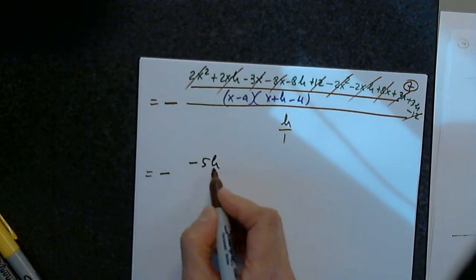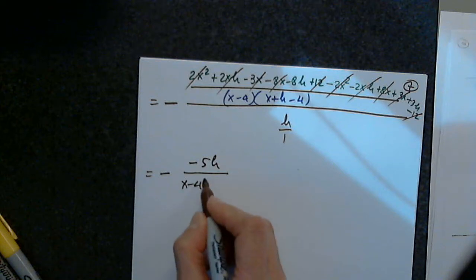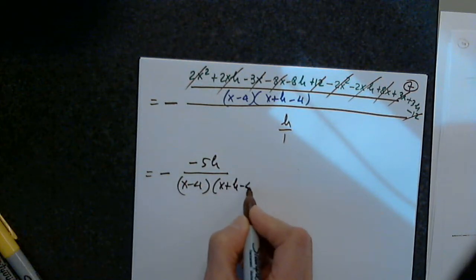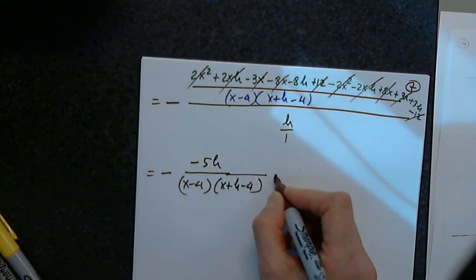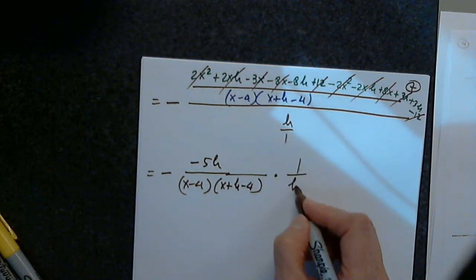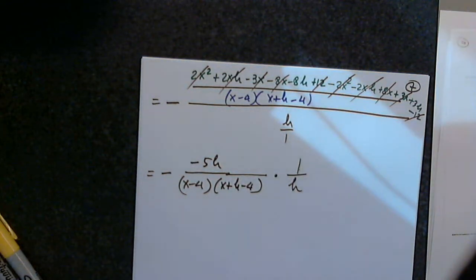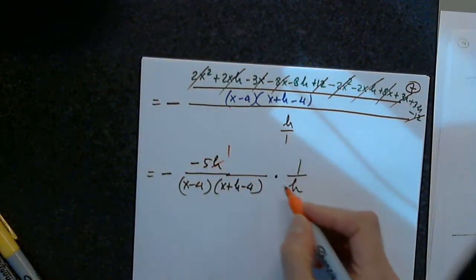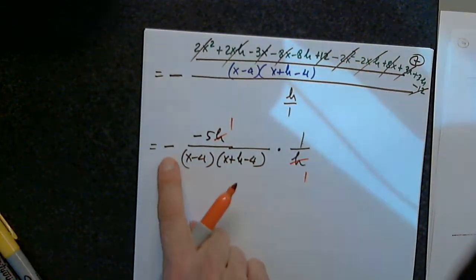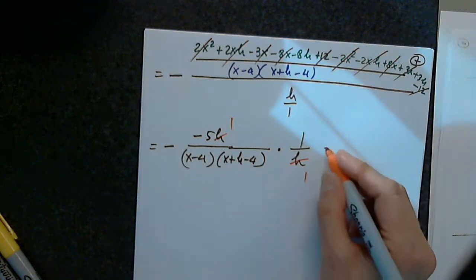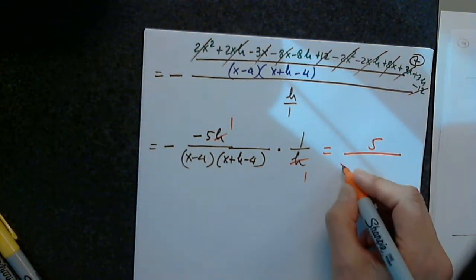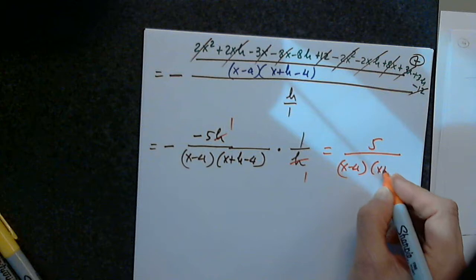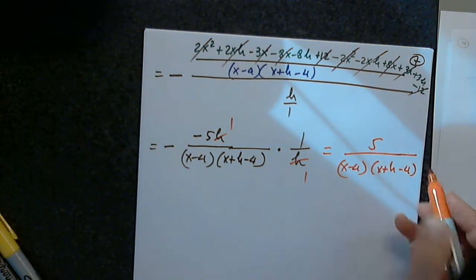Now negative 5h at the top, x minus 4 times x plus h minus 4. And flip the denominator, 1 over h. So simplify the h with the h. The minus with the minus change into positive. So this is 5 divided by x minus 4, x plus h minus 4.